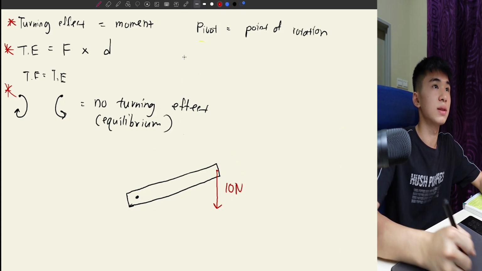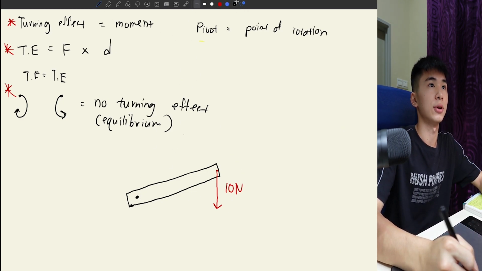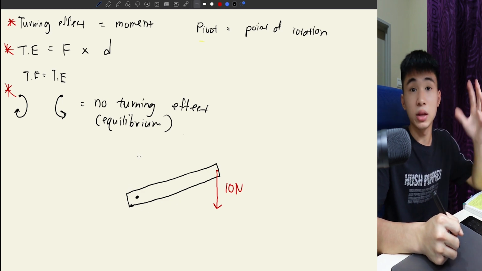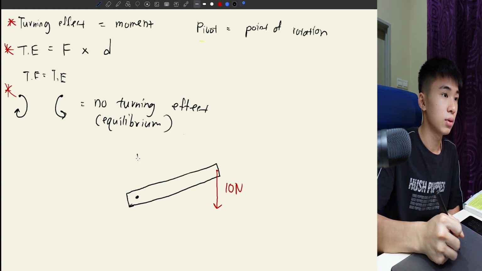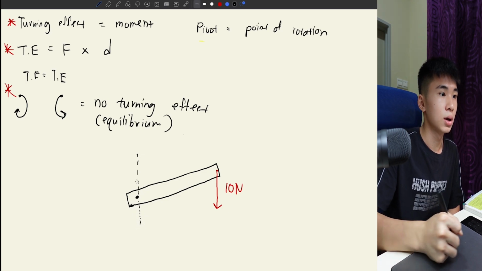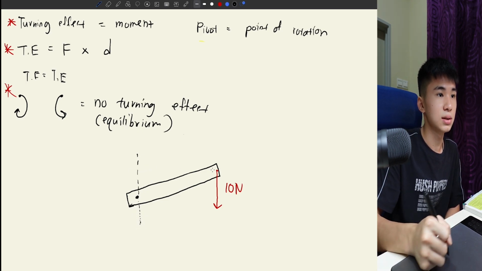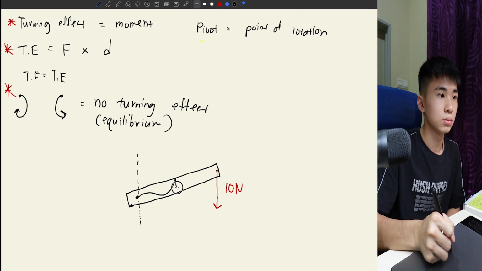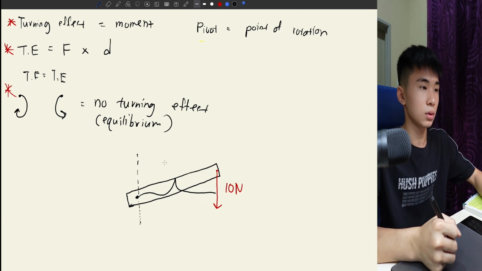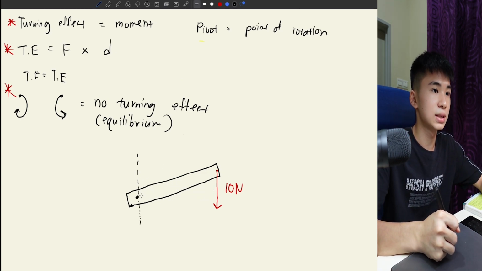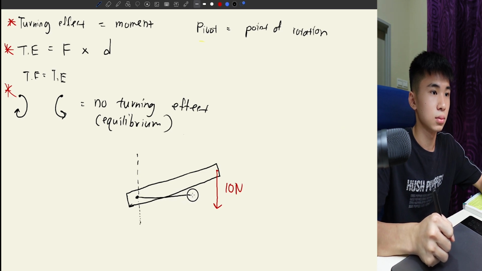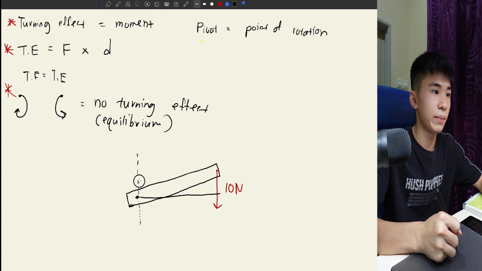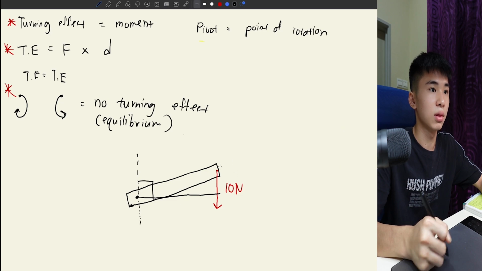The distance is a tricky one, the perpendicular distance. So let's make it easier to see. If there is a line here, the perpendicular distance here is the perpendicular distance from the force.